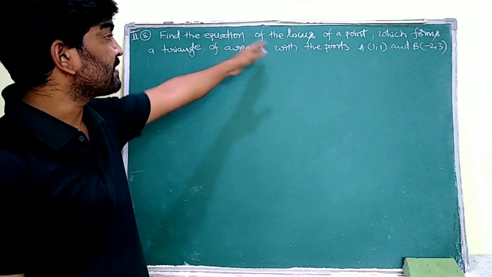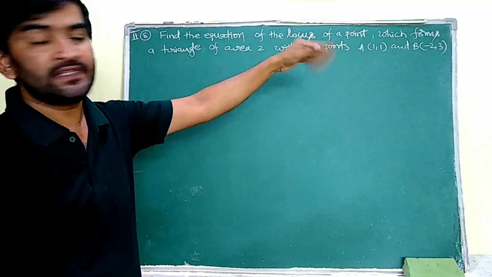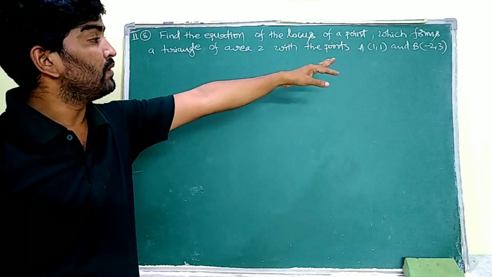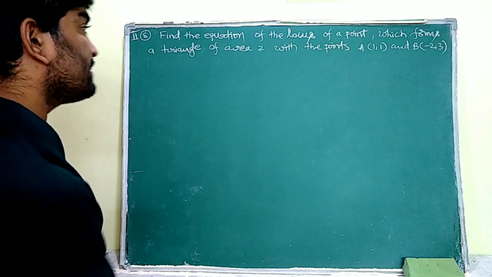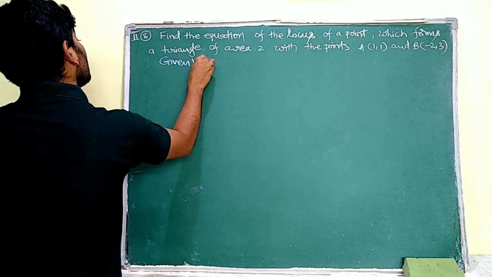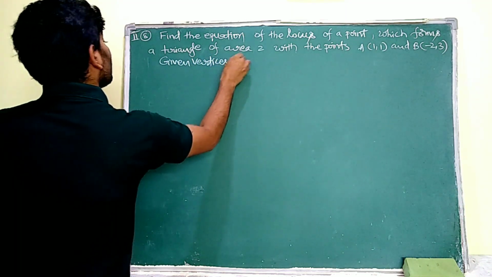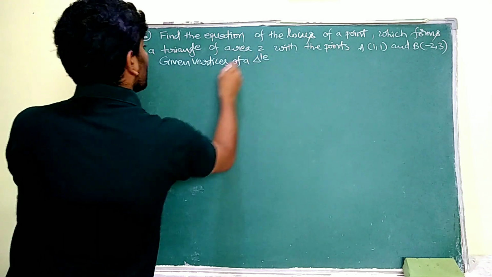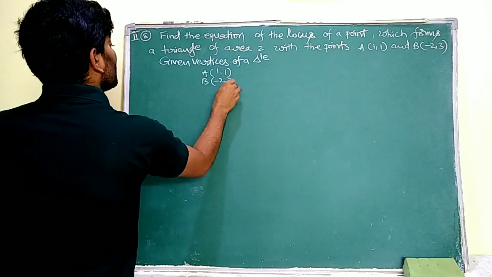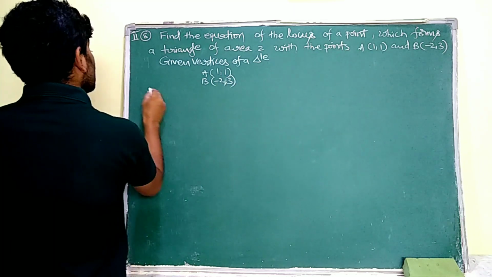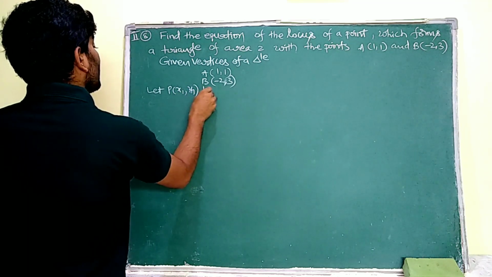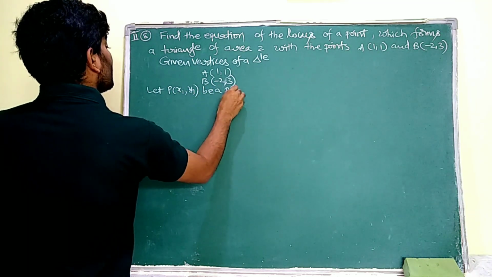See, find the equation of the locus of a point which forms a triangle of area 2 with the points A (1, 1) and B (minus 2, 3). Firstly we have to write the given vertices of a triangle: A (1, 1), B (minus 2, 3). Let P (x1, y1) be a point on the locus.